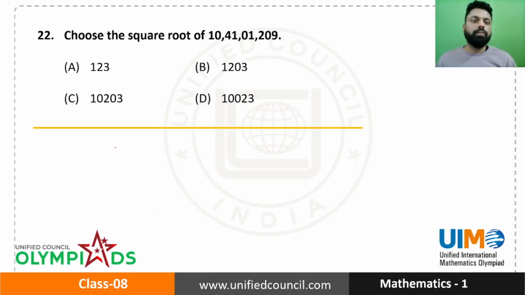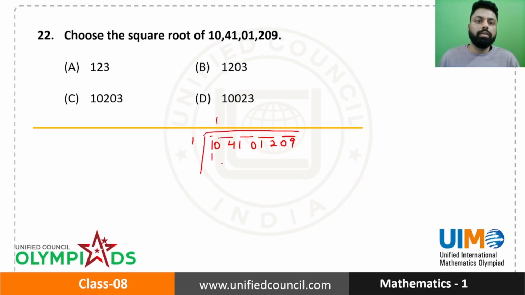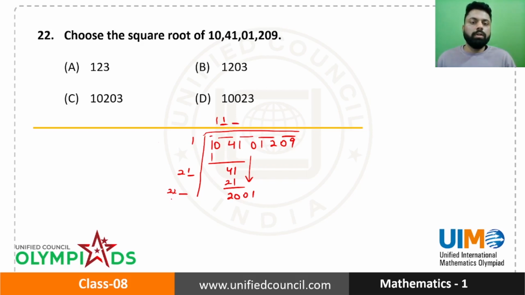Choose the square root of this value. So we make groups like this: 10, 4, 1, 0, 1, 2, 0, 9. So 1, 1, 4. 1 plus 1, 2. So 1 time 21, then 0, 1, 22. Then after that, this has to be 0, 4.